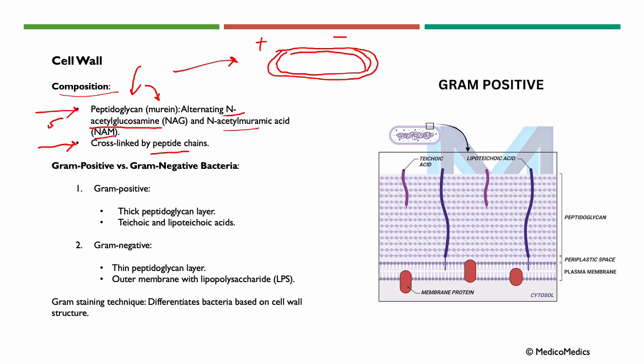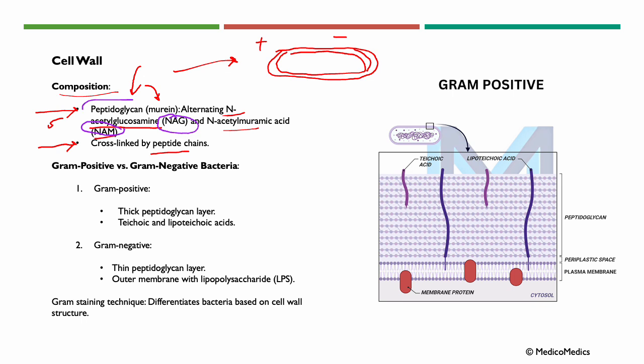Now, NAG is a derivative of glucose and is one of those repeating sugar units in the backbone of peptidoglycan, while NAM, or N-acetylmuramic acid, is a modified form of glucose. And what differentiates it is that it has a lactic acid group attached to it. So it is the other sugar in the repeating backbone.